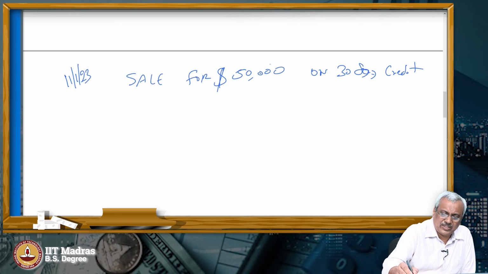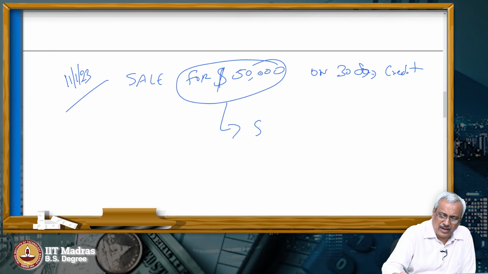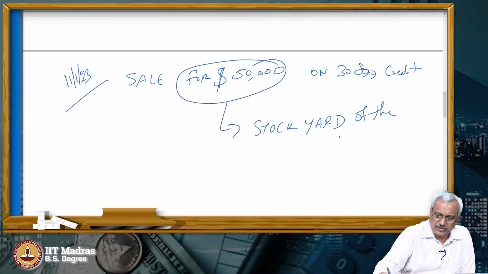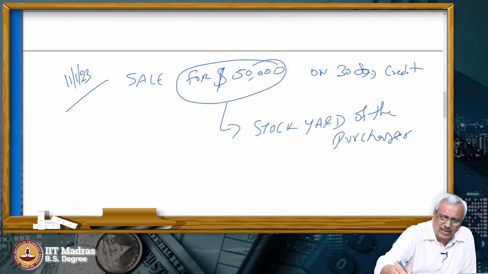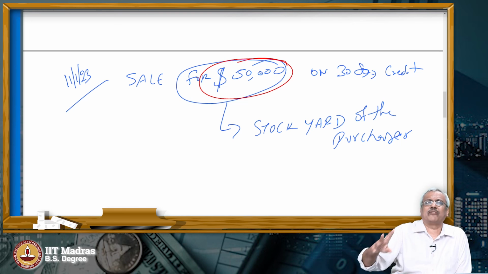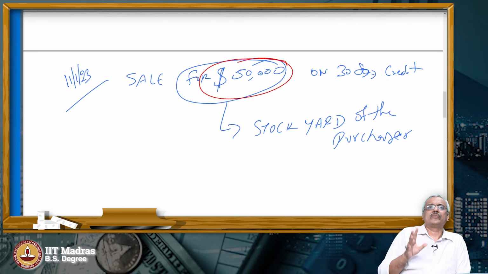The fellow buys $50,000 worth of goods from me today, keeps it in his godown, in his stockyard, the purchaser's, and next day it gets destroyed by fire. As far as I am concerned, I am eligible to get this $50,000 from the fellow to whom I have sold, because ownership has transferred, the loss is his problem. For me, the income has accrued.